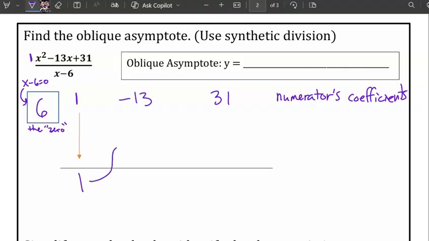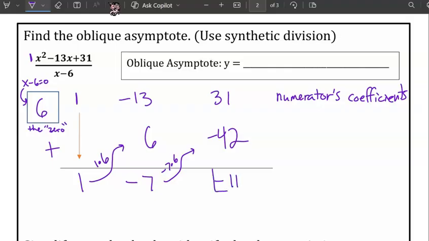To get this number, it's going to be 1 times the number in the box. 1 times 6 is 6. Combine these, negative 13 plus 6 is going to be negative 7. Negative 7 times 6 is negative 42. And then we get a remainder of negative 11.